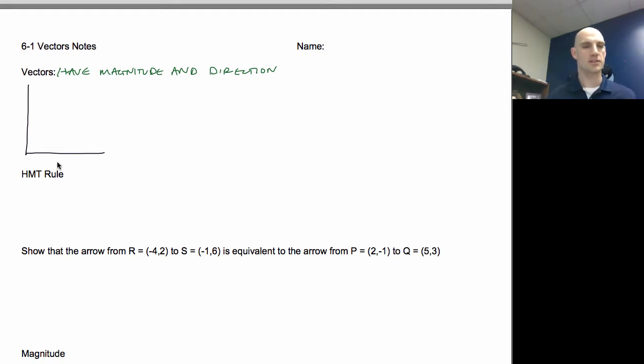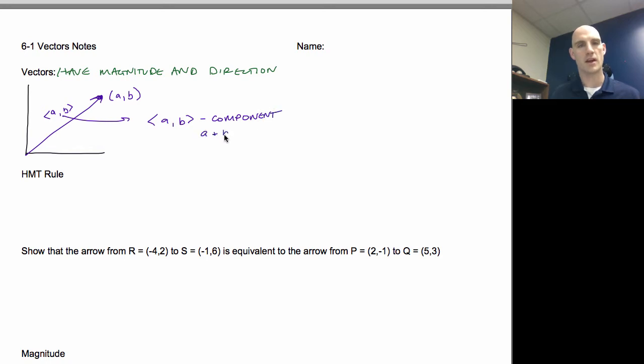And when we draw vectors, just in general, this vector, if it has a notation that looks like this, this A comma B is called component form, and A and B are the components.